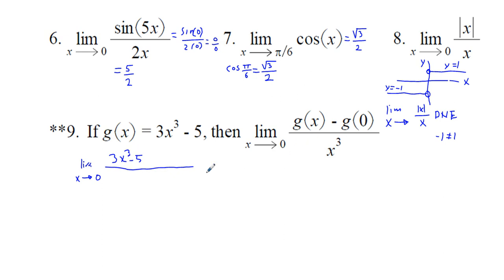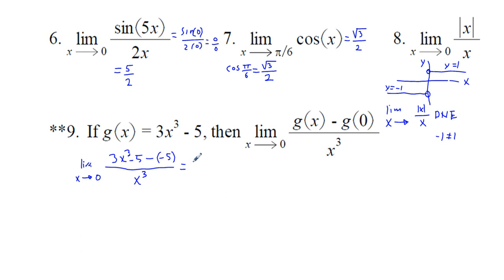It says minus g of 0. Well, if we plug in 0 here, we're going to get -5. So minus -5. And that's going to be over x cubed.